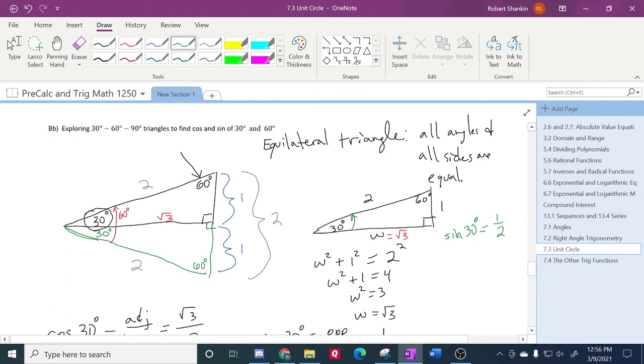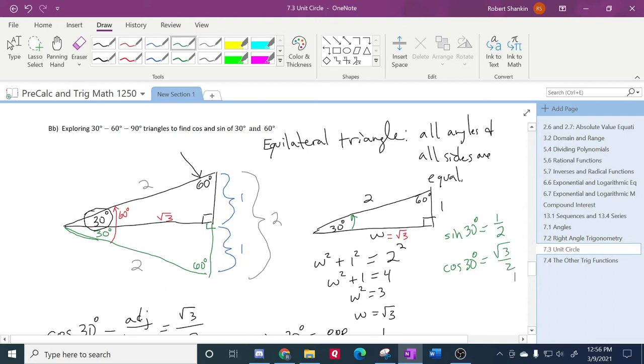And then in a similar way, I did this. Well, first of all, I did the Pythagorean theorem, and I came up with this had to be the square root of 3, and then I could then take the cosine, or the cosine of 30 degrees turned out to be square root of 3 over 2.